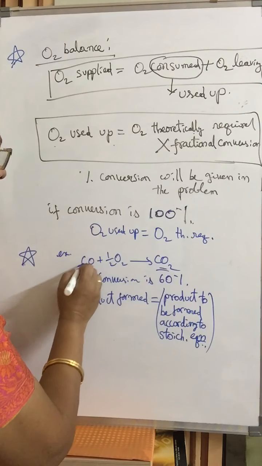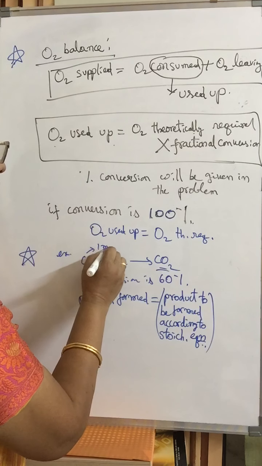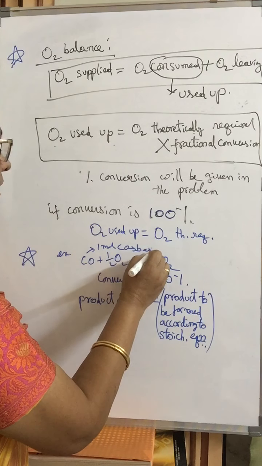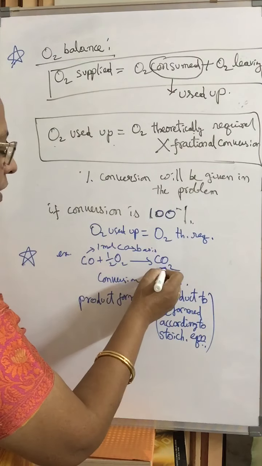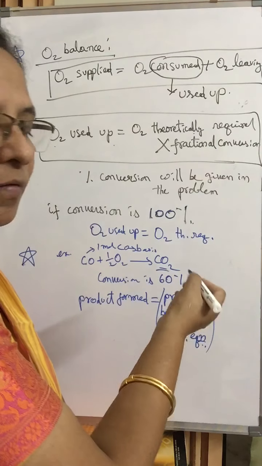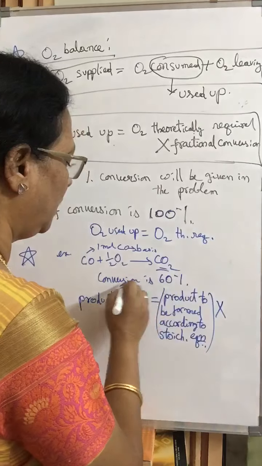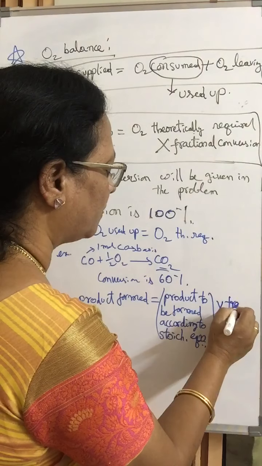That means when 1 mole of CO is the basis, for 1 mole, how many moles of CO2 need to be formed? 1 mole only, into the fractional conversion.